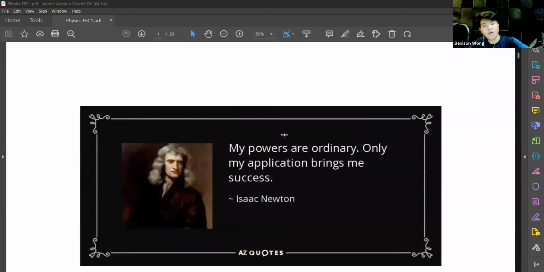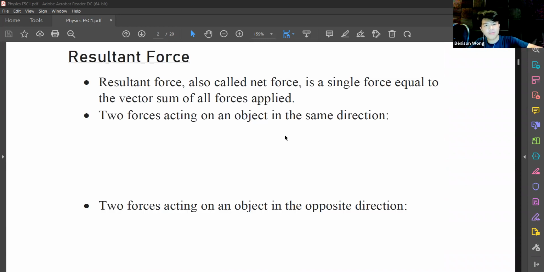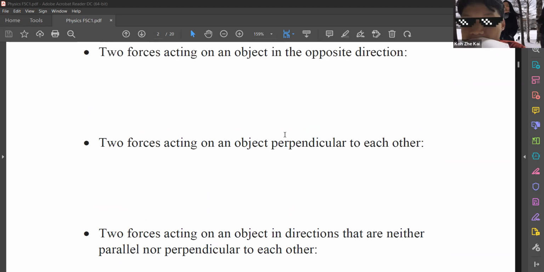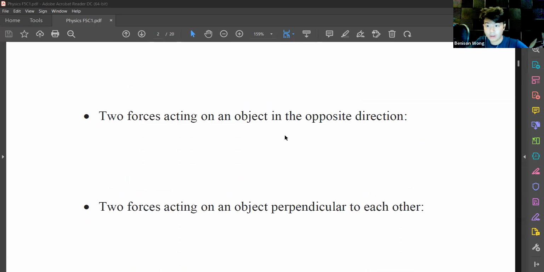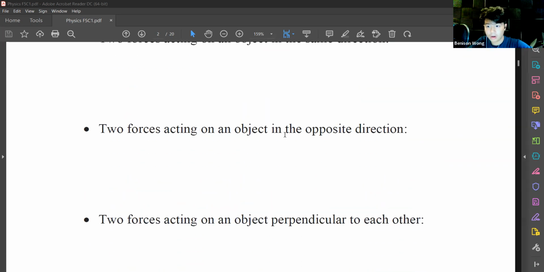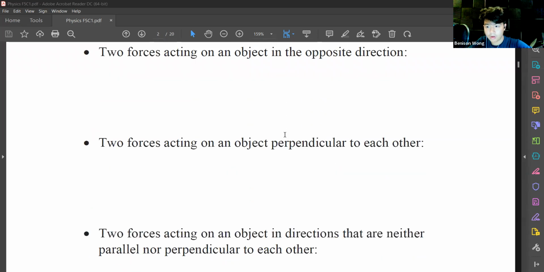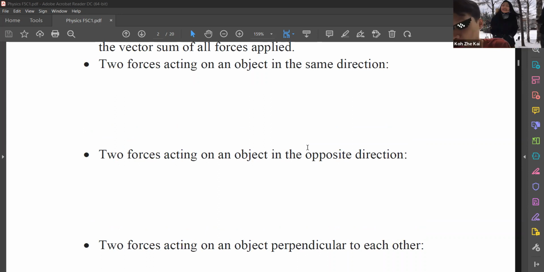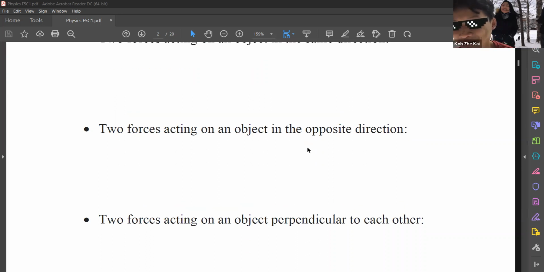Tell me, did you all screenshot for the resultant force? No. Zekai, you did not screenshot. I'm afraid I screenshot a handsome boy here.